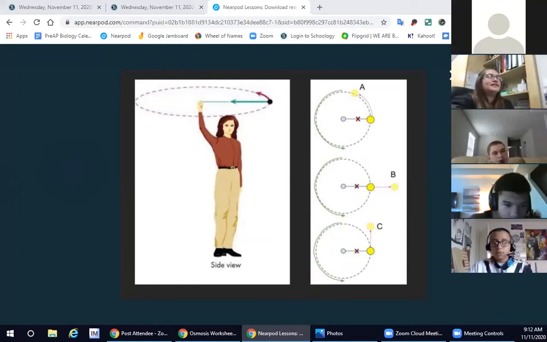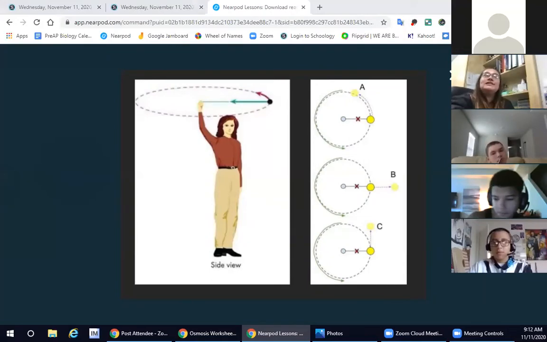All right, so only 2 people got this answer right. So because of inertia, if the string was released, the ball would continue to move in a straight line perpendicular to the center. So let's go back and look at that picture.